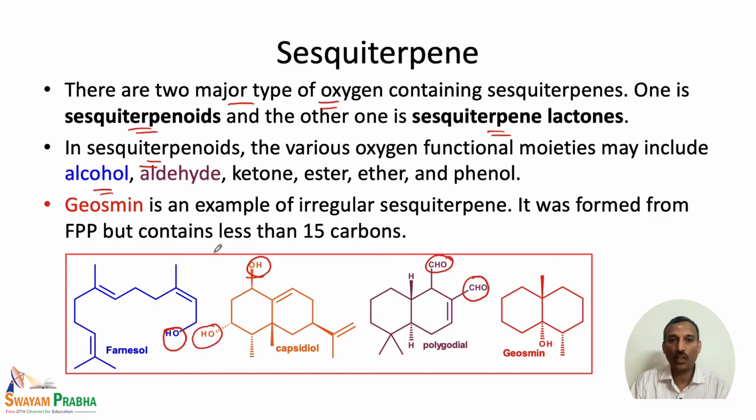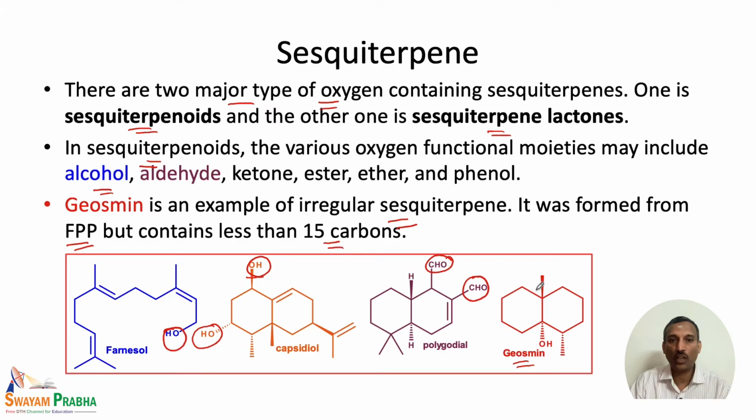And in fact, we have a very unique compound called geosmin. Geosmin is basically an irregular sesquiterpene, biosynthetically formed from farnesyl pyrophosphate, but it contains less than 15 carbon atoms.